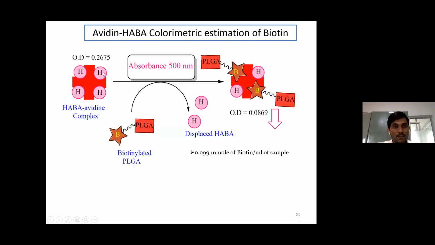That's why it replaced this HABA, that is hydroxyazobenzoic acid. Due to displacement of this HABA, a decrease in absorbance is recorded. And with the help of a certain equation, we have calculated the percent biotinylation of this PLGA nanoparticles.